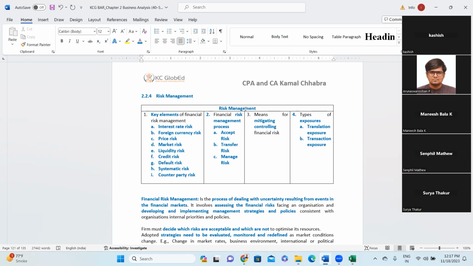So we are at the very first thing, which is key element of financial risk management. So far, we have covered interest rate risk. Any doubts so far? No, sir. Good. At a high level, we built our understanding about the concept. Now we are getting into granular level one by one.